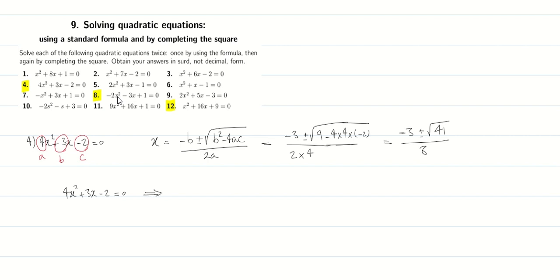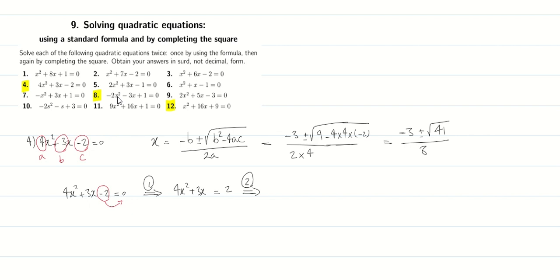The first step is to move the constant, which is negative 2 in here, to the right hand side. So we would have 4x squared plus 3x is equal to 2. Now on the second step, we want to have a coefficient of 1 for x squared.